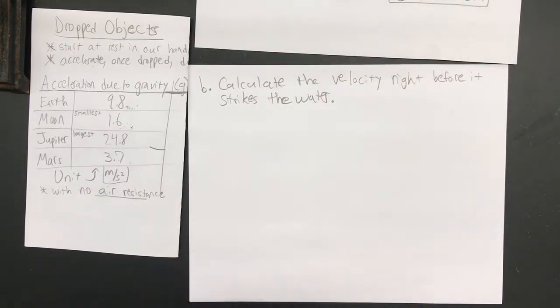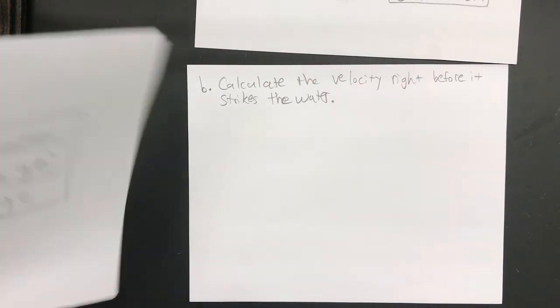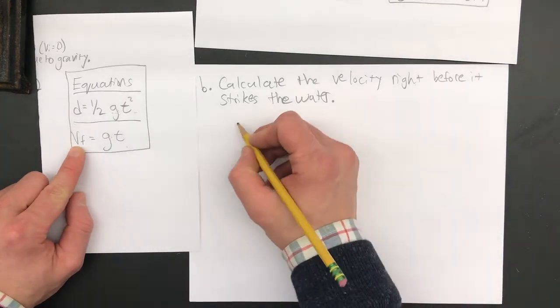At the moment before it hits the water, it is moving the fastest it could possibly go, because it keeps falling and speeding up until it hits the water, and that's when it slows down, after it hits the water.